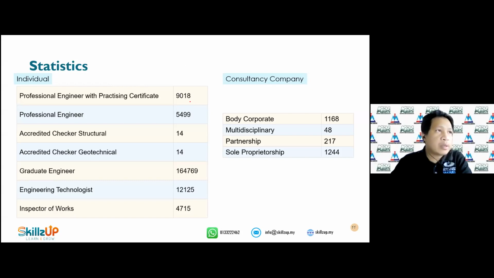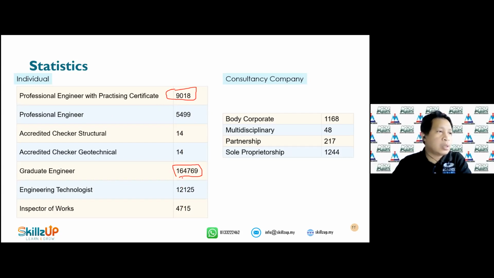So professional engineer we have 5,000, checker we have 14, and we have a big pool of graduates at 164,000. In technologies we have 12,000, and inspector we have 4,000.